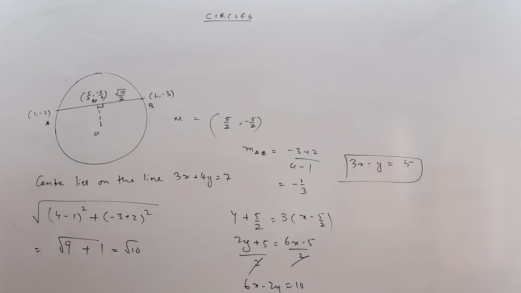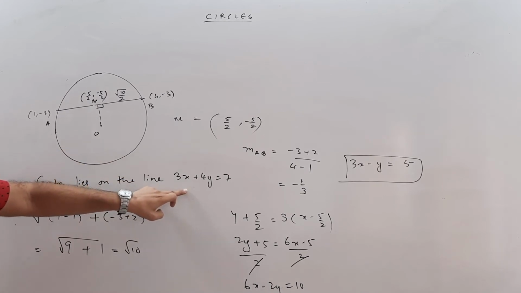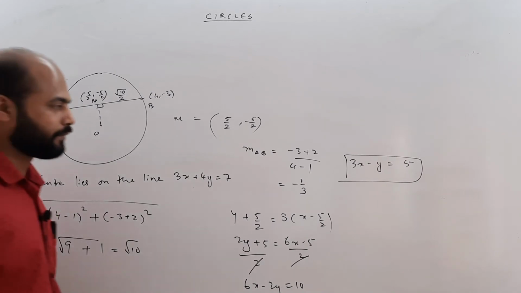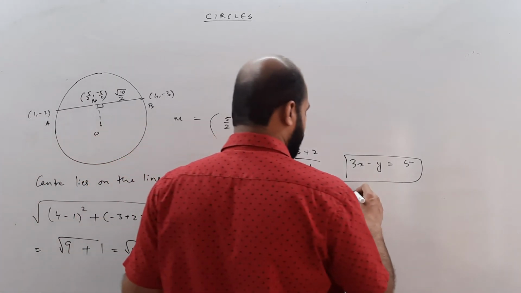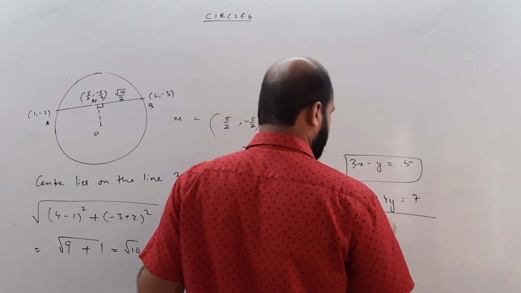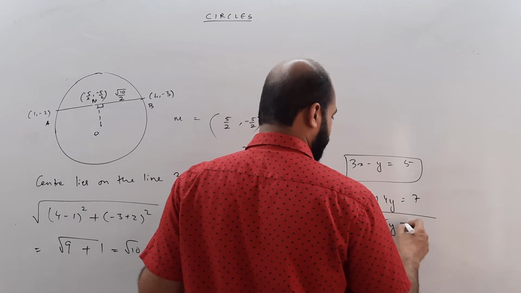Now you can clearly see that this line is passing through the center, and this line is also passing through the center. So it means that if we find the intersection of those two lines, we will get the center, that is h comma k. So let's try and simplify this. If I subtract the 2, I'll get 5y = 2.